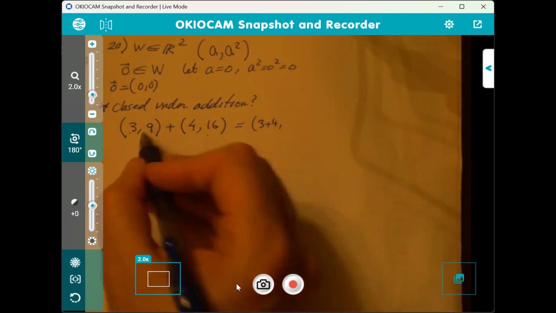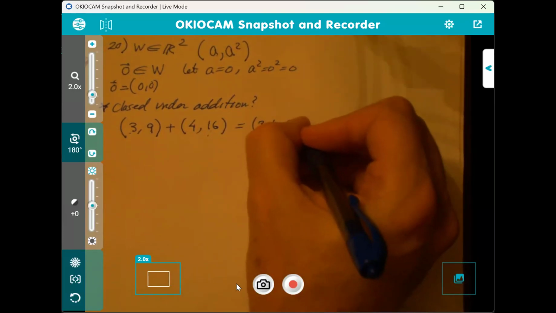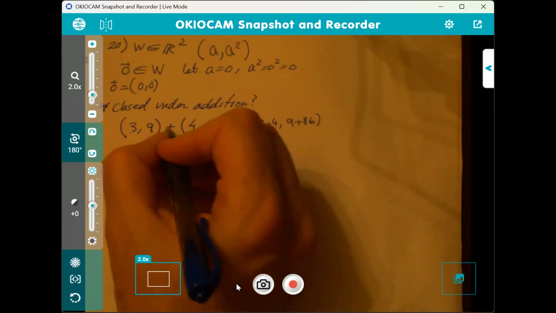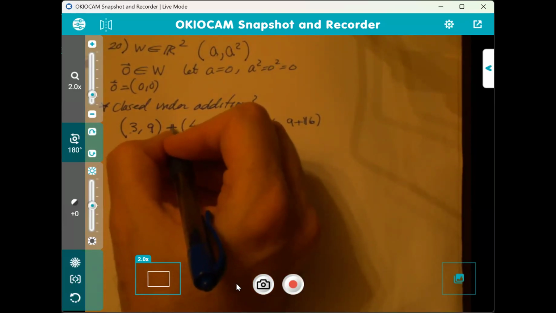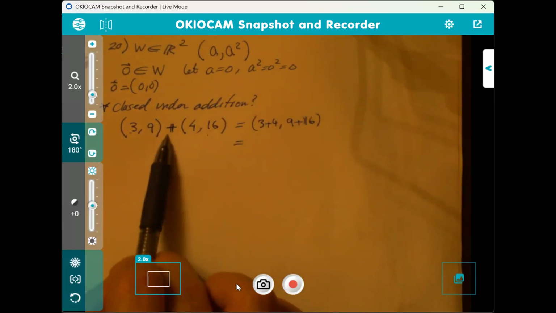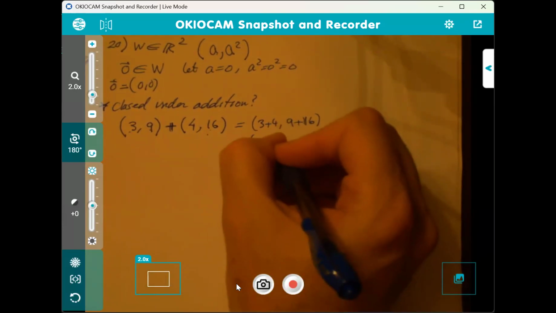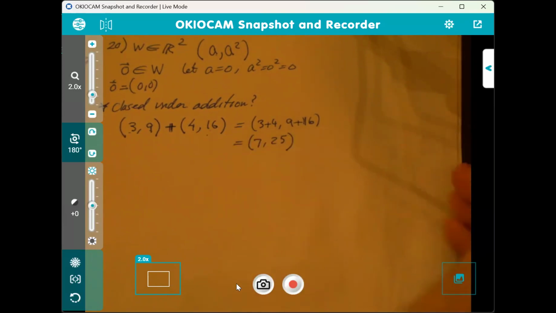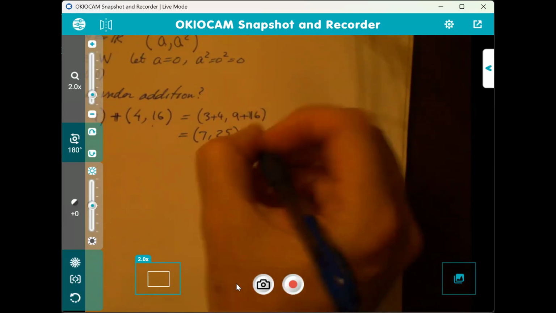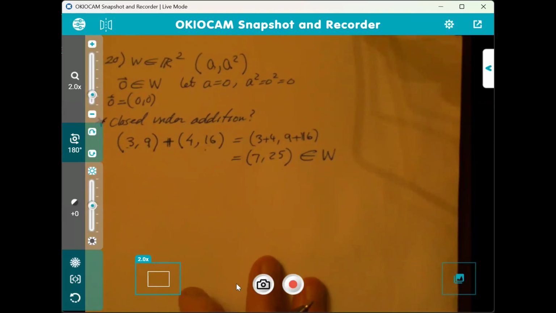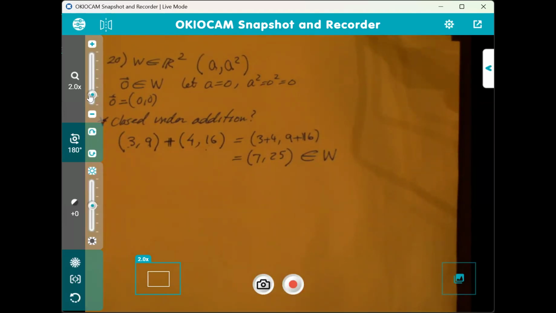We add the second components. This is just how vector addition is done. The vector addition doesn't care about what the author wants, right? It says this is the operation on vectors. So 3 plus 4 would be 7, and 9 plus 16 would be 25. And what do you think? Can I say this is in W? Will it be?